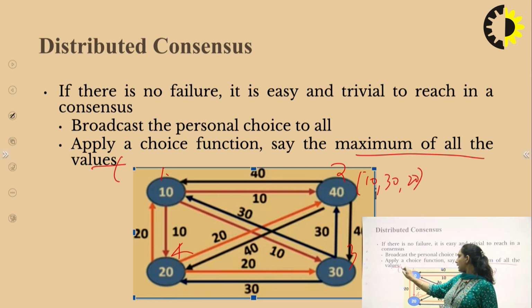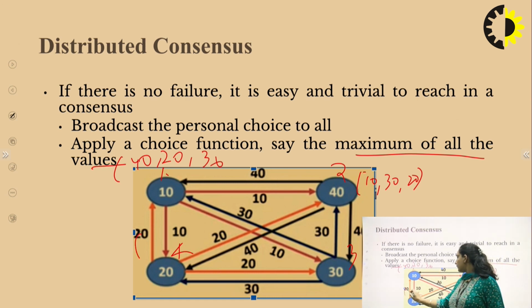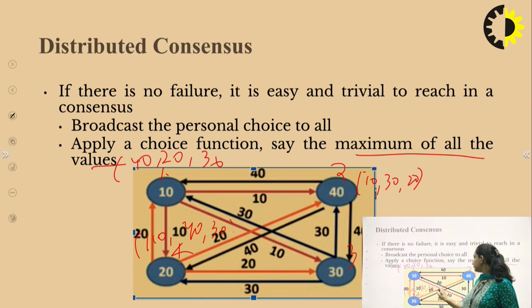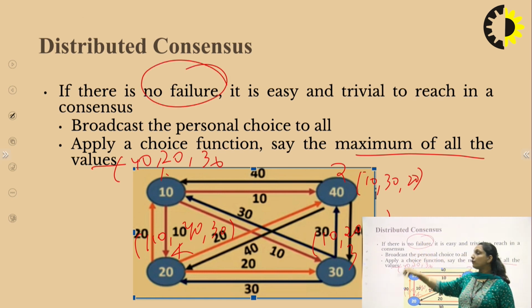Here we are getting 40, 20 and 30. Here we will get 10, 40 and 30, and here we are getting 10, 20 and 40. All is given because there is no failure condition. We are thinking that this is a scenario of no failure.